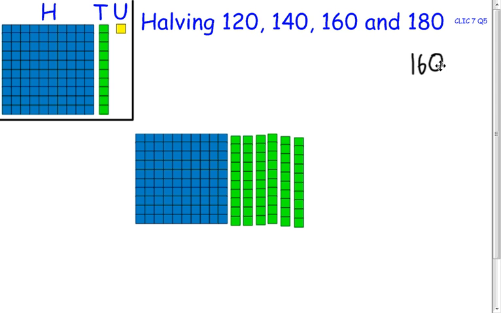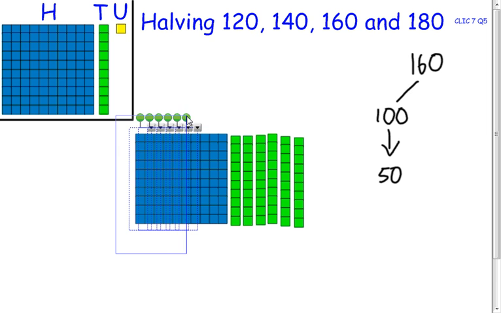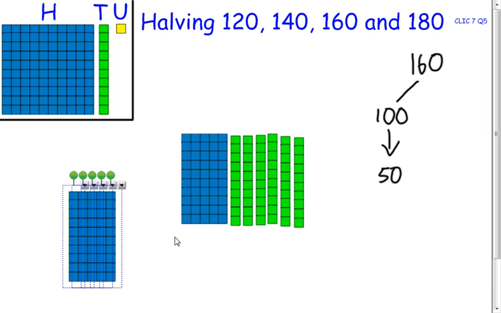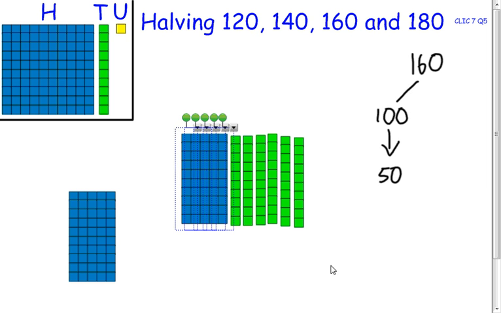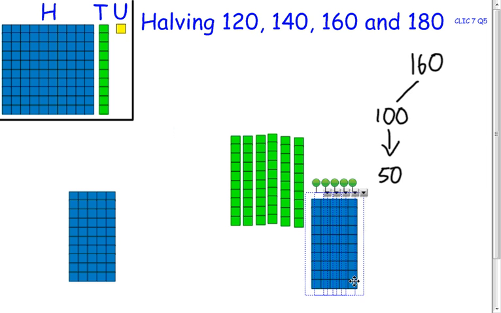What shall we do first with the hundreds? Okay, half of 100 is 50. So let's just write a little message here. First of all, we're going to think about half of 100, and you've told me that half of 100 is 50. So here we go, let's prove it. We'll put 50 there, and we'll put 50 there.